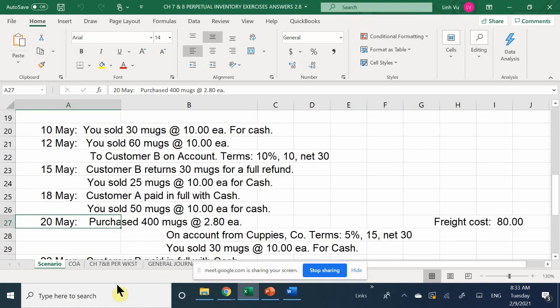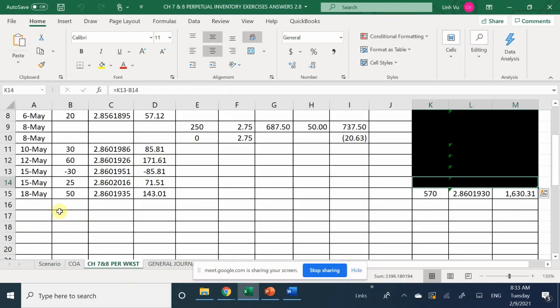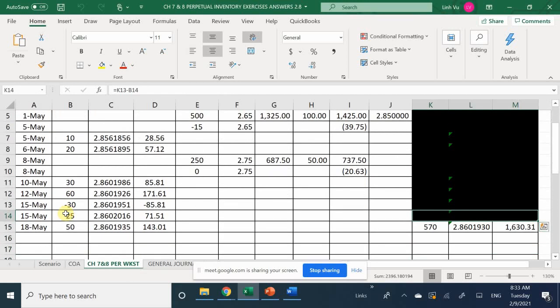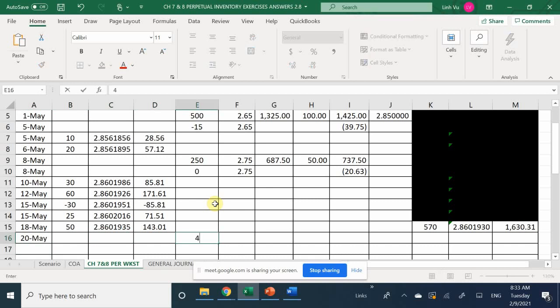Okay, let's do the inventory worksheet. So we purchased 400 items at $2.80. I'm going to put in the date for May 20th. We purchased 400 items at $2.80 with a freight of $80.